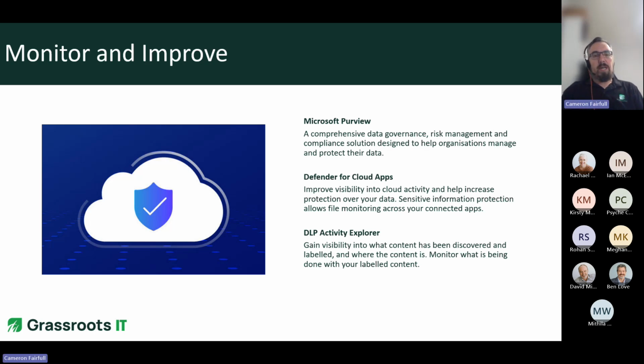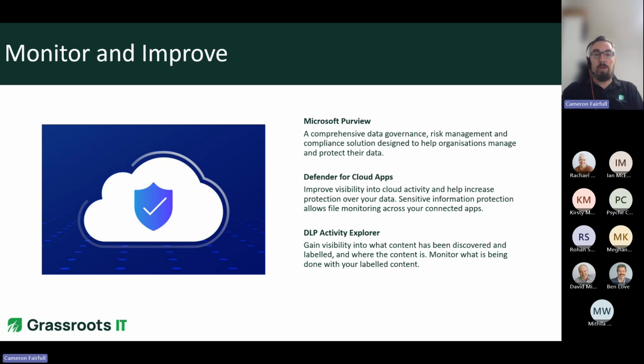Another way of monitoring your data within your organization is using Defender for Cloud Apps. Defender for Cloud Apps is an interesting portion of Microsoft 365. It allows you to connect all of your different areas where you hold data and have Microsoft Defender look at all of that and let you know what is happening.